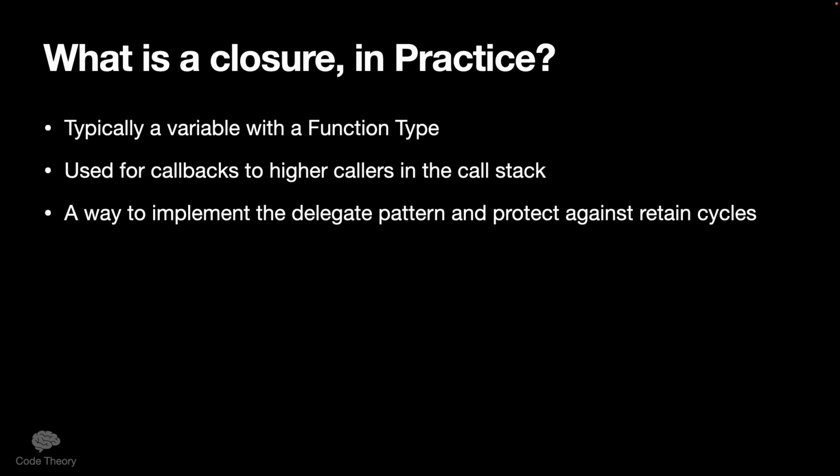It is also a way to implement what's called the delegate pattern and protect against something called retain cycles. We'll cover those when we go over automatic reference counting. I think that's next class. So don't worry about it too much for now, but sneak preview.